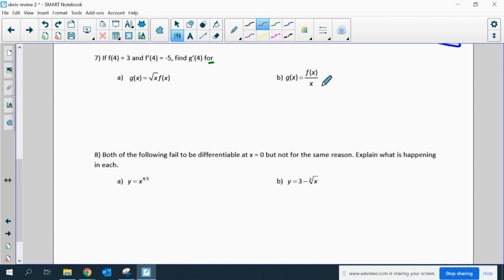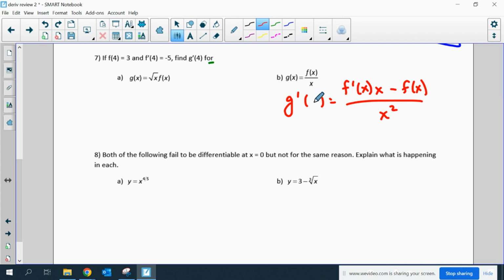Part B, quotient rule. So g prime of x in this case would be derivative of the top times the bottom minus the derivative of the bottom, which is just 1, times the top all over the bottom squared.